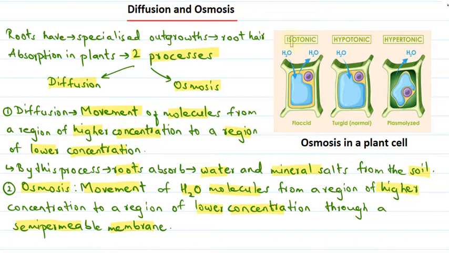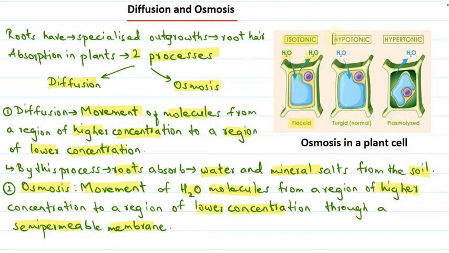Then we saw three conditions. First is isotonic condition. In isotonic condition, an equilibrium is maintained: the amount of water that flows inside the cell is equal to the amount of water that moves out of the cell. So in such condition, the plant cell remains in a flaccid condition, as equal amounts of water enter and leave the cell.